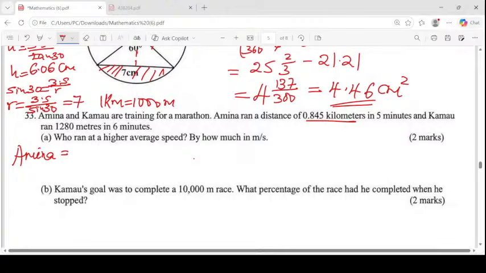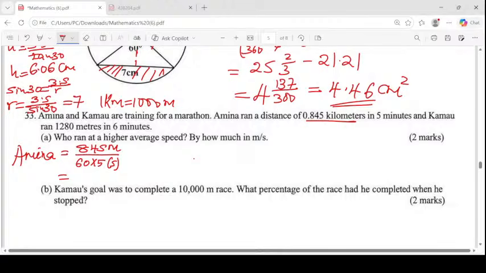So if I multiply this by 1,000, this will be 845 meters divided by the time, 60 times 5, because these are 5 minutes, so we multiply by 60 to convert it to seconds.